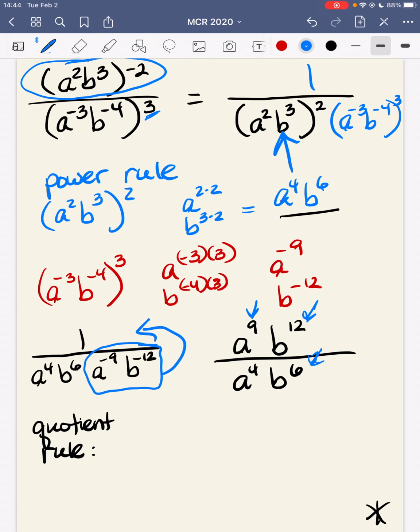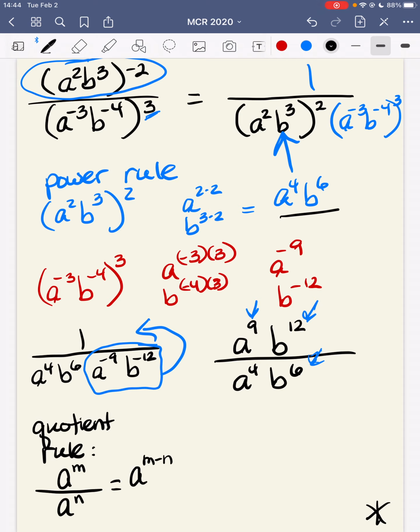You don't want to do that, okay? What the quotient rule tells you is, if you have some base a to the m divided by the same base but a different exponent, you are allowed to subtract the exponents.